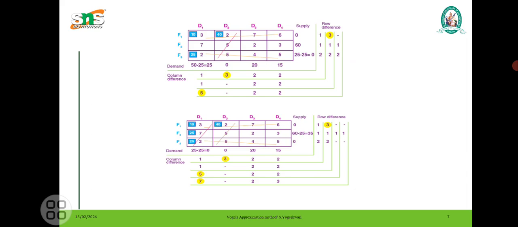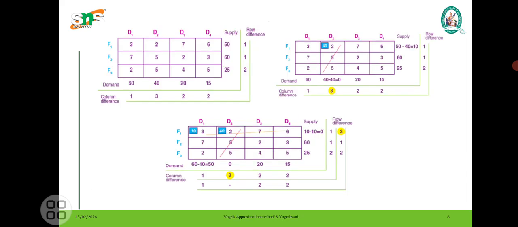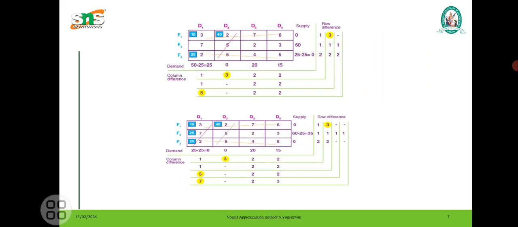Next, we compute the row differences again. The first column is empty, the first row is empty, the second and third rows are 1 and 2, the first column is 5, the second column is empty, and the third and fourth columns are 2 and 2. So the highest penalty value is 5, so we choose the first column.